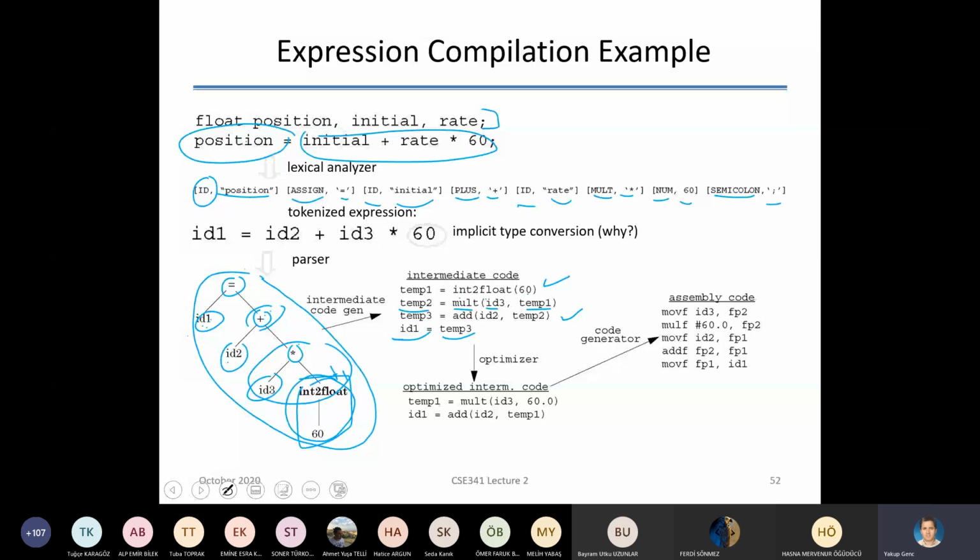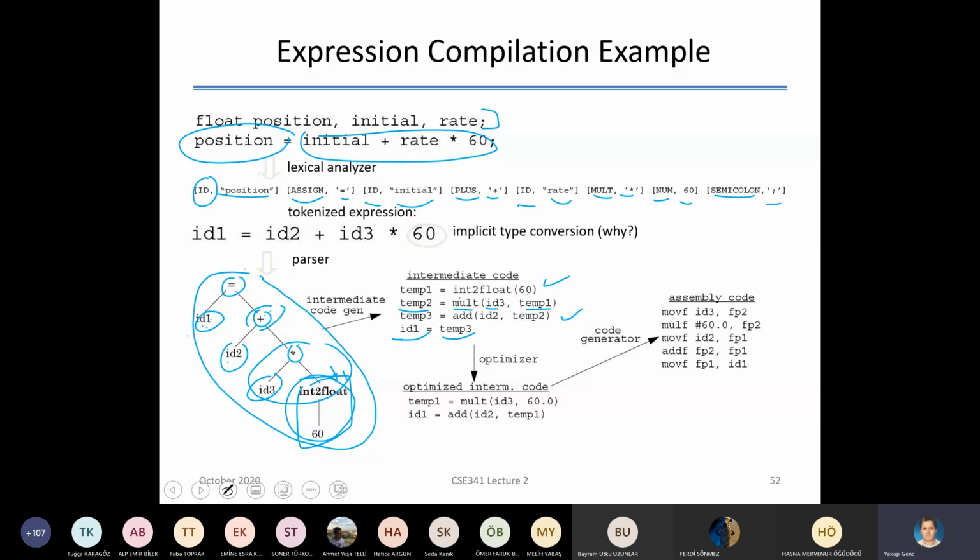You can see it already: I am taking int to float 60, putting it in temp1, and then I am taking that temp1, multiplying it with ID3, and then I am adding on top of it this ID2, and then assigning it to that one.